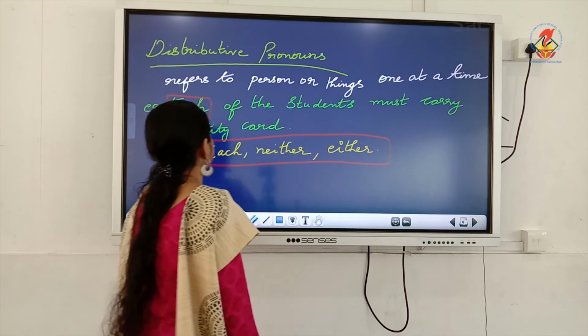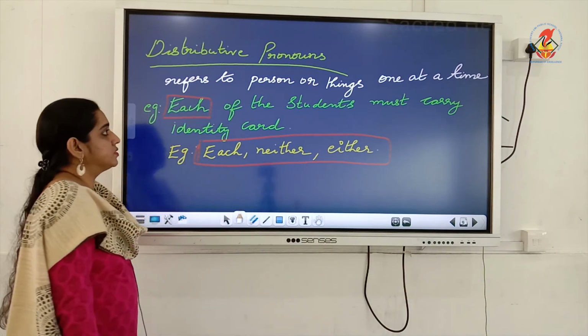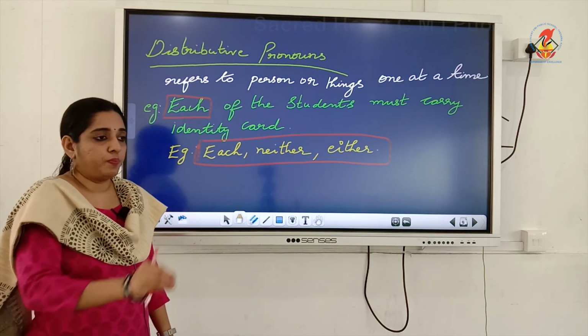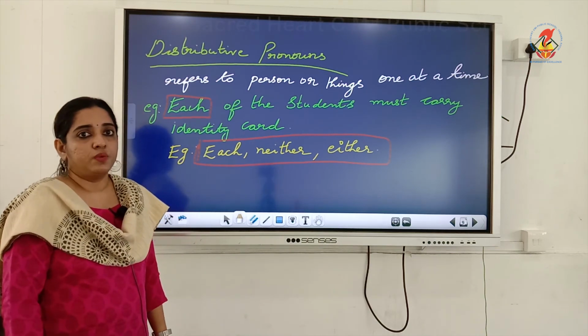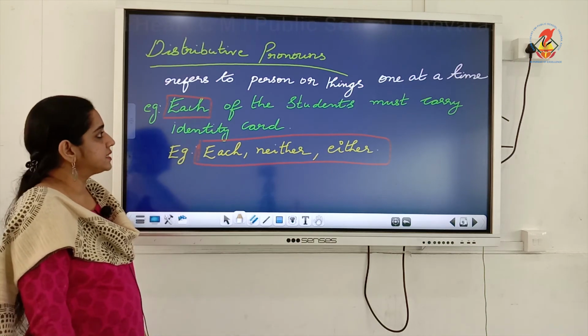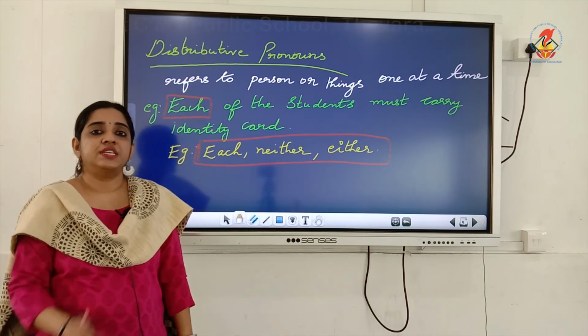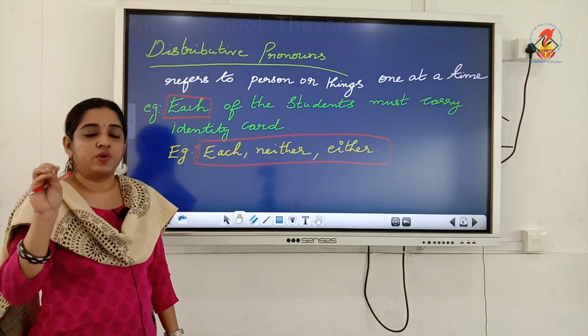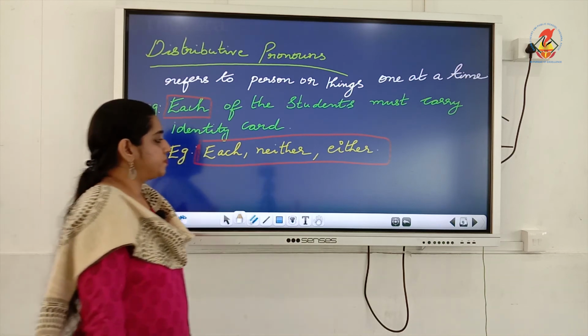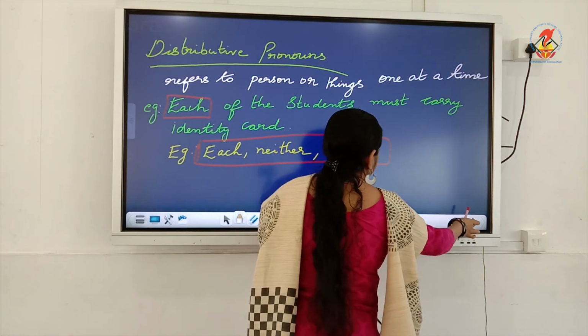The next one we studied was distributive pronouns. You are speaking to some people one at a time, pointing to particular people one at a time. See, each of the students must carry an identity card; each is meant for one student at a time. Each, neither, either are some of the distributive pronouns.